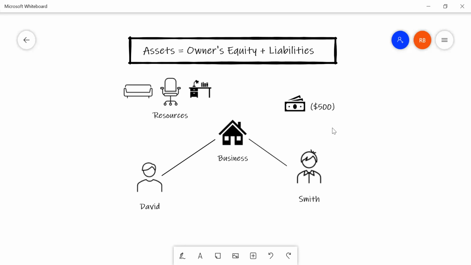So this is liabilities. This business is liable to Smith because they took a loan, so they have to pay it on a future day. This is called liabilities. Or in other words, liabilities are the present obligation of an entity which transfers economic resources.